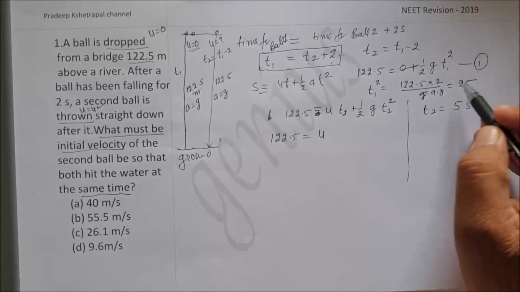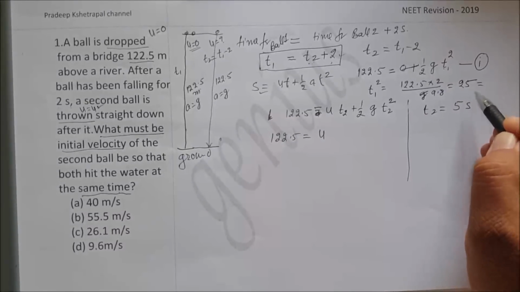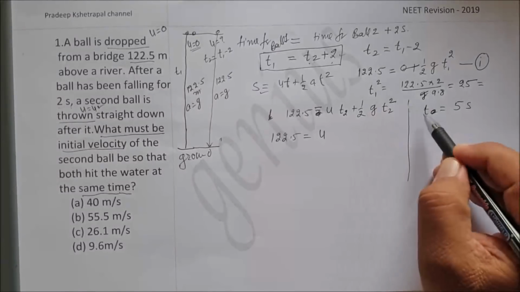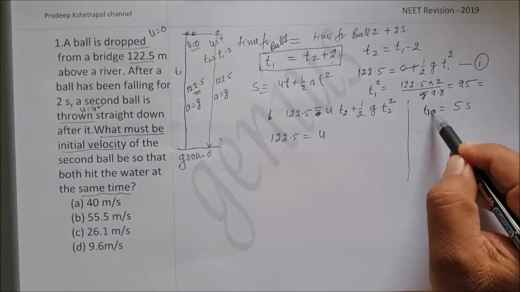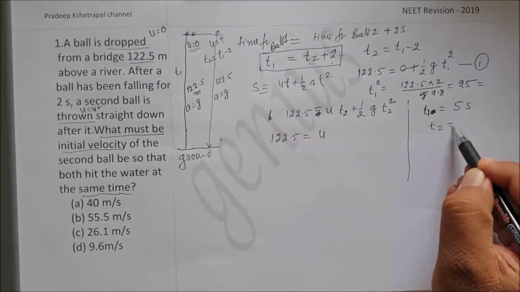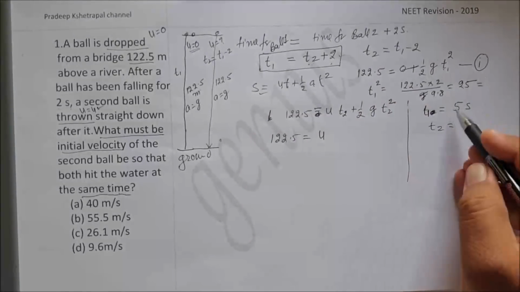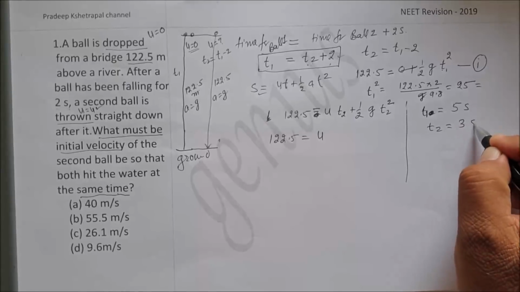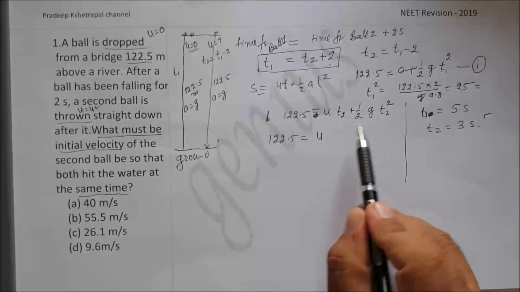If T1 is equal to 5 seconds, then how much is T2? T2 is equal to T1 minus 2, that is 5 minus 2, 3 seconds. That value we put here.